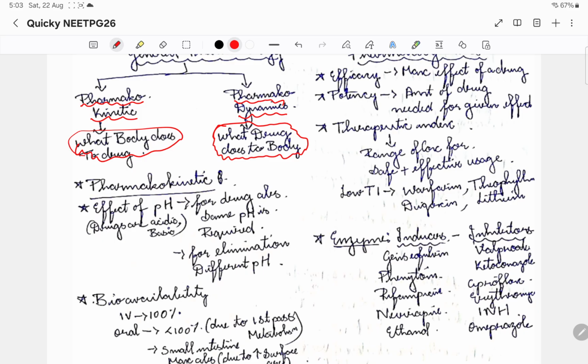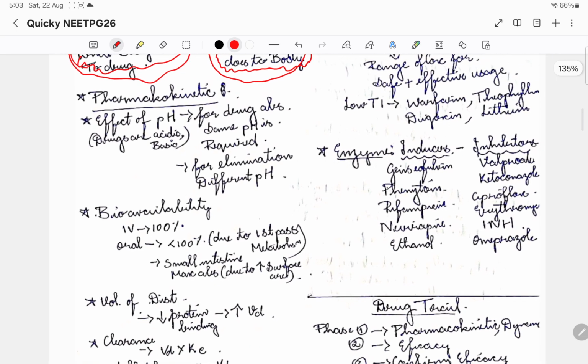Because of some mechanism of action, and to know that particular mechanism, we learn pharmacodynamics. Whereas in pharmacokinetics, to remove the drug or to increase or decrease its action, whatever action takes place is known as pharmacokinetics. This is the study that we do.